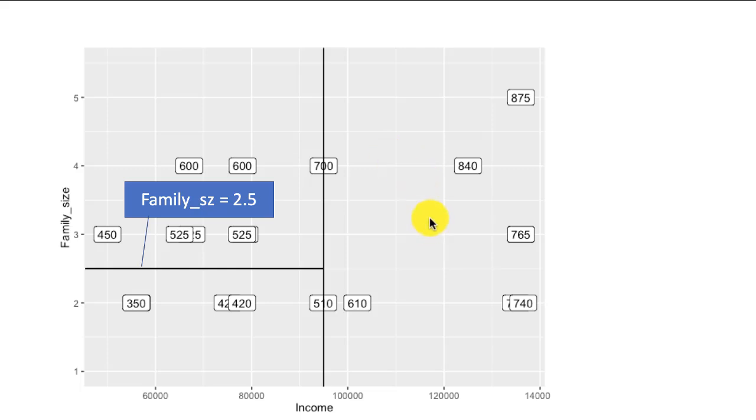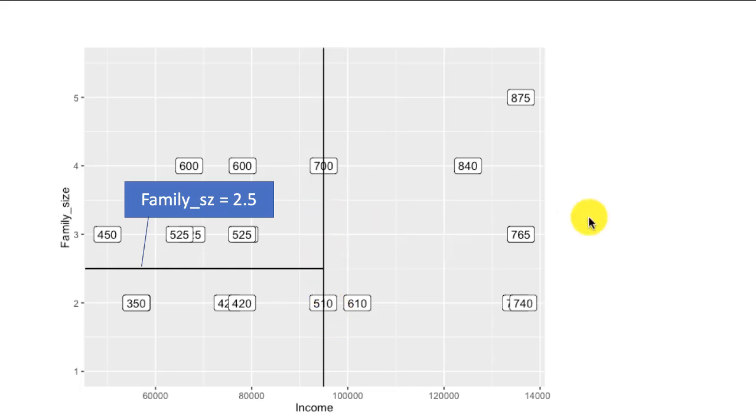So now we have three leaf nodes. On the outside is the overall data set, that's the root node. These two nodes, the left-hand side and the right-hand side, resulted from the split on the root node, and these two nodes resulted from the split on the left-hand side node.